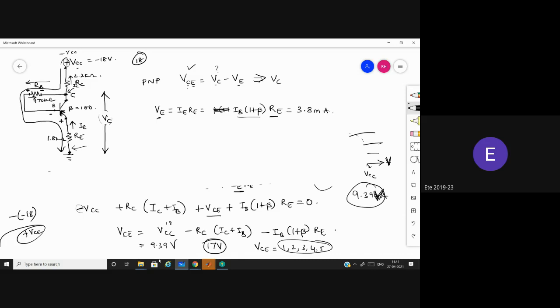Should it be volts? Volts, yes, sir. I thought you were telling this one. Okay, you are telling me the final answer, 3.8 volts. So what is your IB into 1 plus beta?